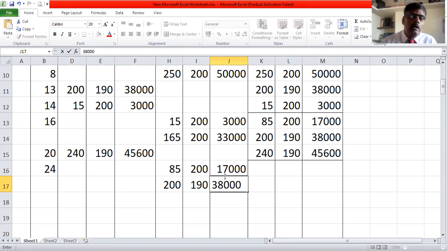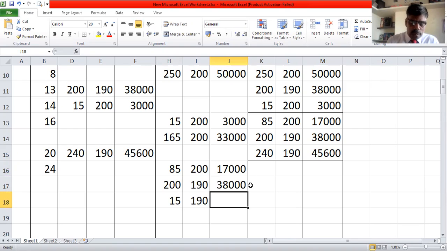Second lot you take. And the remaining quantity to be issued out of 300 units, I think it is 15 units. You take 15 units from the last lot at the rate of 190. 15 into 190 is 2,850. 2,850 is the amount.